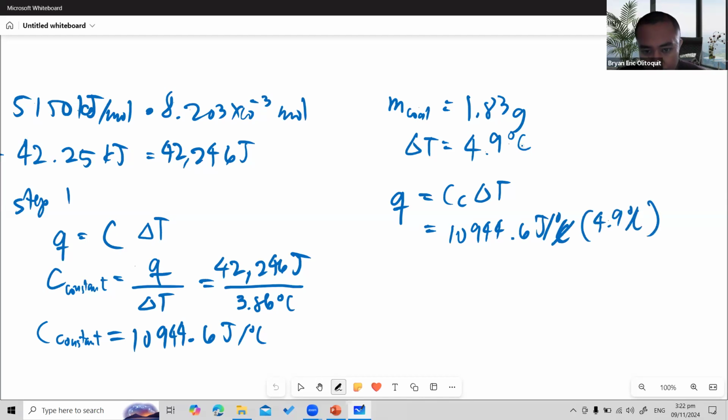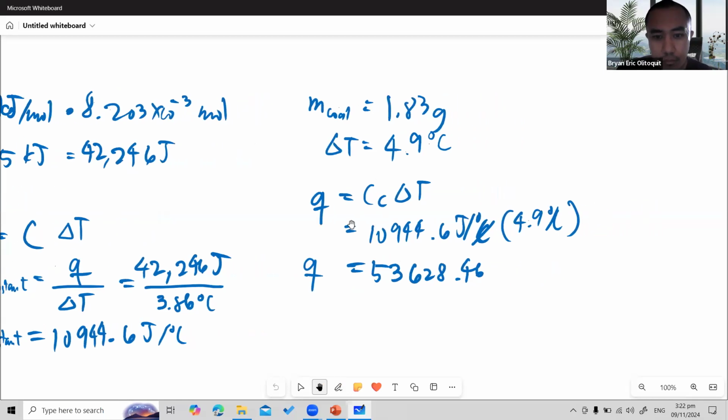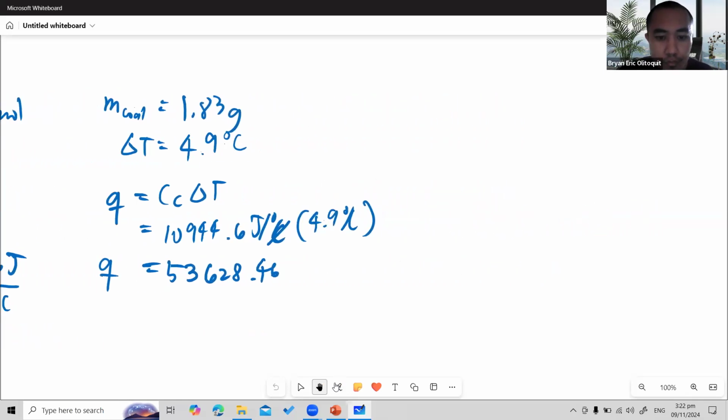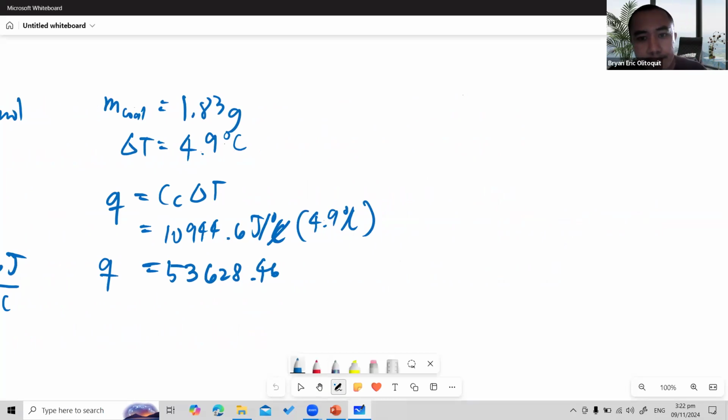So we now have Q equivalent to that times 4.9. The heat released by the coal is 53,628.46. In terms of the energy density, we have Q divided by the mass.